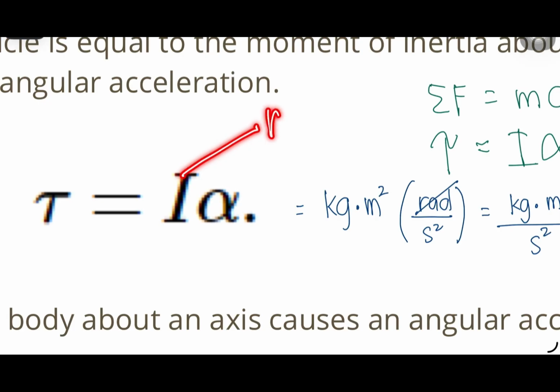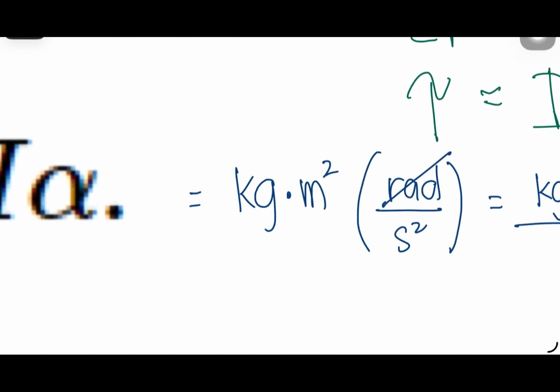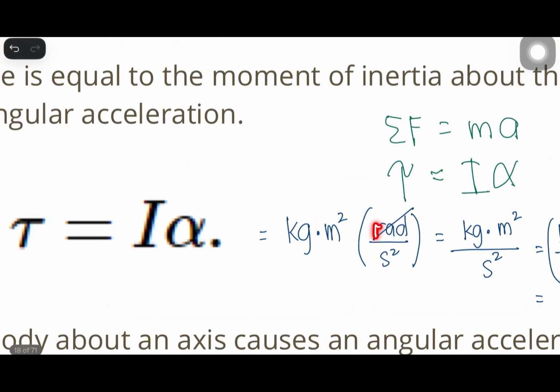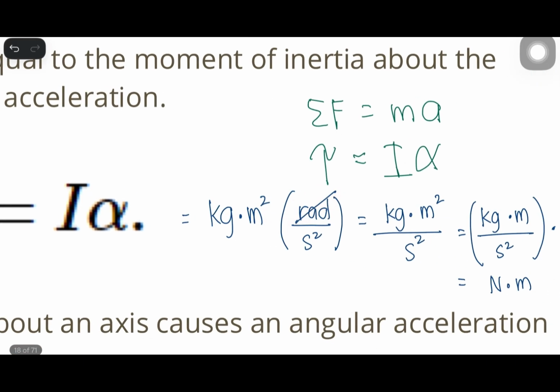Next, to derive the unit of torque with this equation, I times alpha, from the general equation of moment of inertia, m r squared, where m is in kilogram, which is the mass of the element, and r is the distance from the axis in meter, we get kilogram meter squared. For the angular acceleration, the unit is radian per second squared. The radian is only a placeholder, so we will ignore this one.